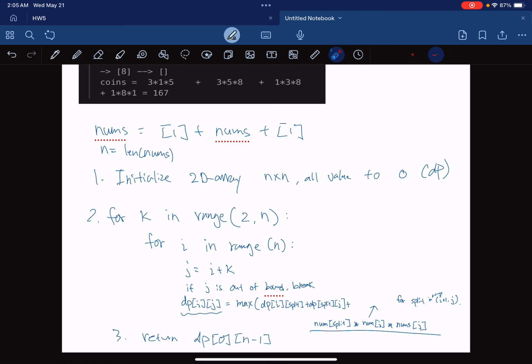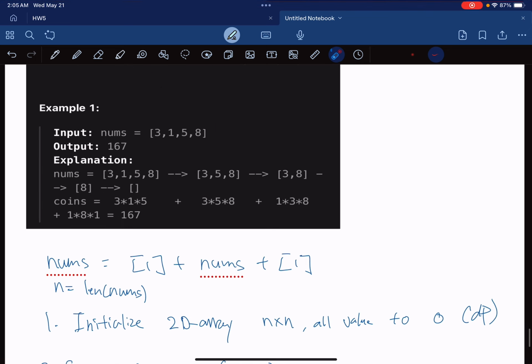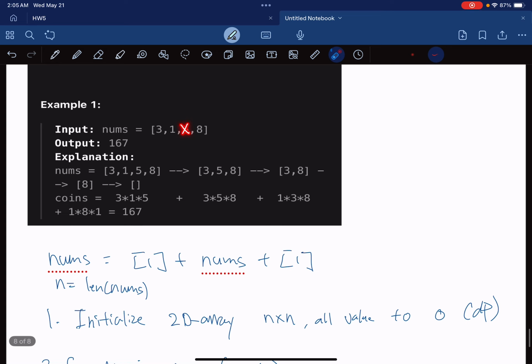Another thing is that we cannot use the forward logic of thinking, what happens if we take this one out first. Instead we have to think about what happens if we take out this one last. And that's the only way to separate the left side and the right side.